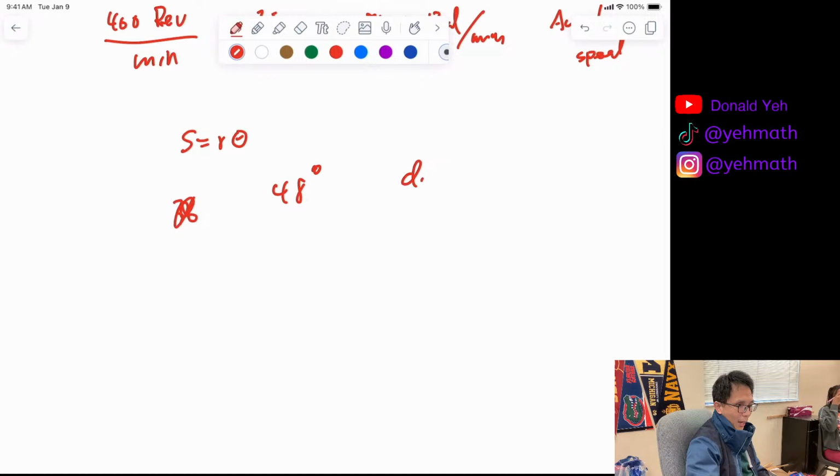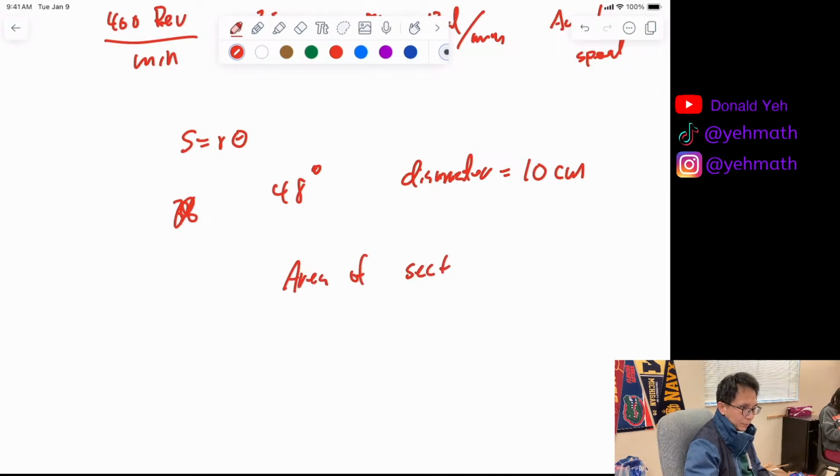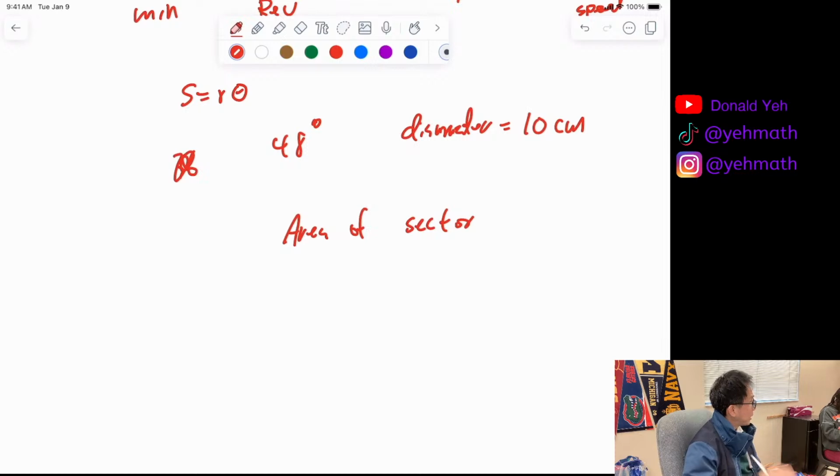And if I have a diameter equal to 10 centimeters, can you find two things? Can you find the area of a sector? What is the area of a sector? It's like this.